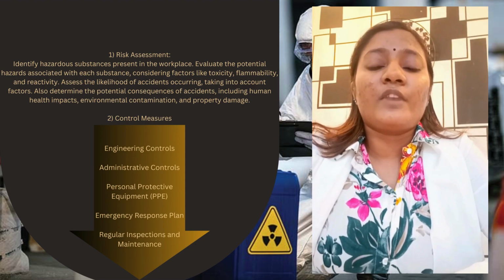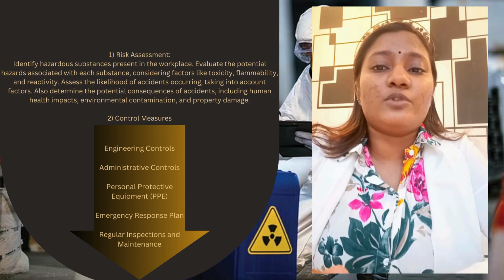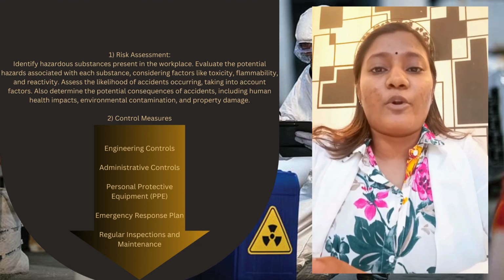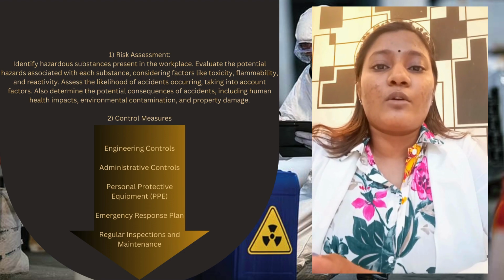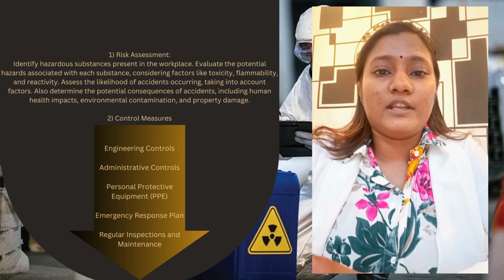Review an emergency response plan outlining procedures for responding to chemical spills or accidents. This should include protocols for evacuating personnel, containing spills, notifying emergency services, and providing medical treatment to affected individuals.